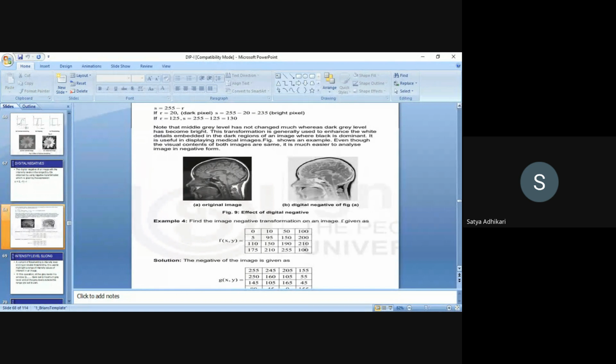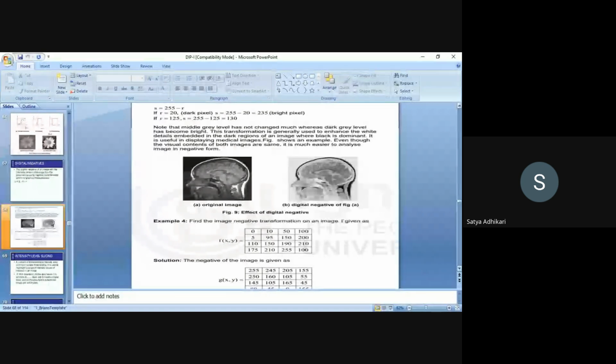The transformation is generally used to enhance the white details embedded in the dark regions of an image where black is dominant. It is useful to display medical images, as shown in the example. Even though the visual content of both images is the same, it is much easier to analyze the image in negative form. You see here the image which is white is black here.